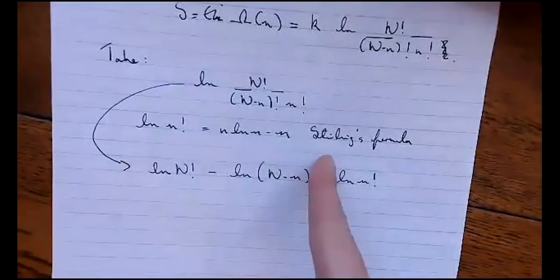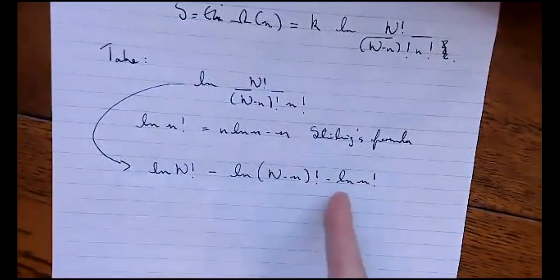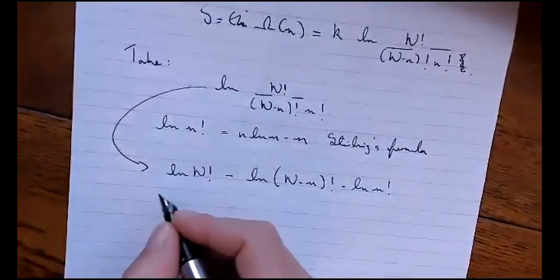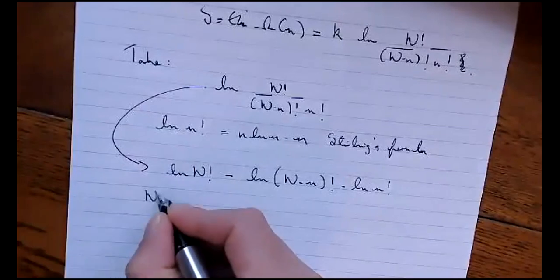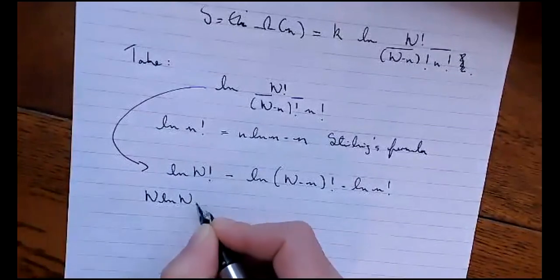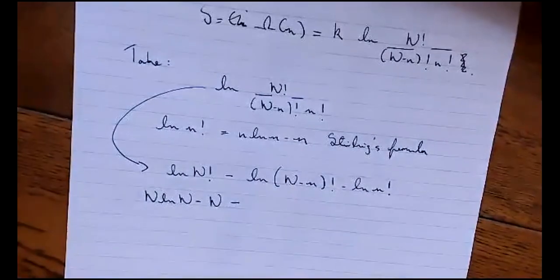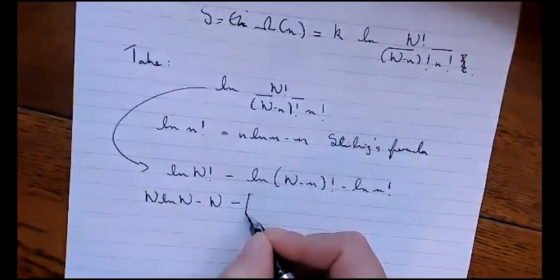If we look at our Stirling's formula, we can multiply these out term by term, and we've got to be very careful of the minus signs. So we have ln big N factorial is big N ln big N minus big N. Now for this one, let's not worry about the minus sign, let's put it in a bracket.